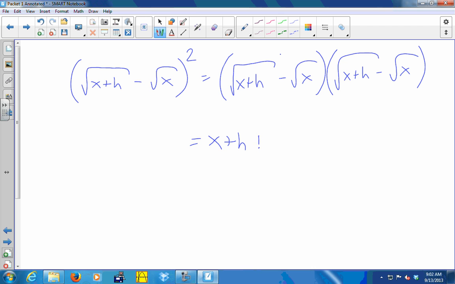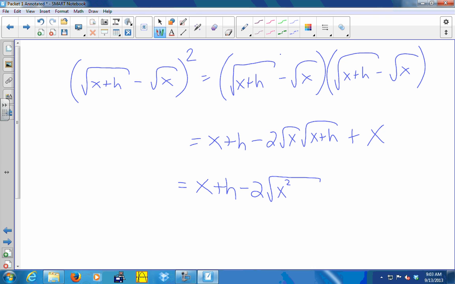Because, no, it's minus. Minus, I have root x plus h, and I have 2 of them. And then my last is a negative times a negative, which is a positive. Root x times root x is x. All right, so this is x plus h minus 2 times the square root of x squared plus xh, because when you have radicals, you can multiply what's underneath. Plus x.